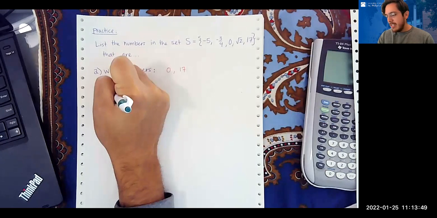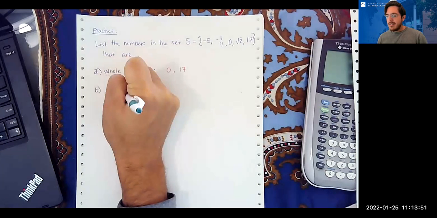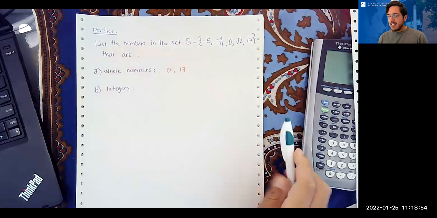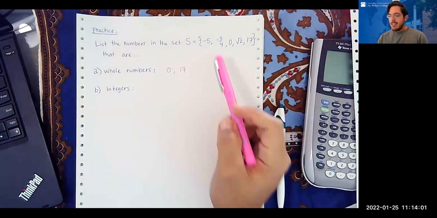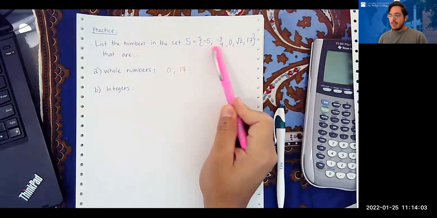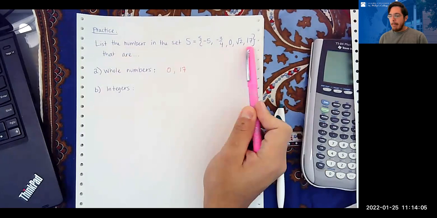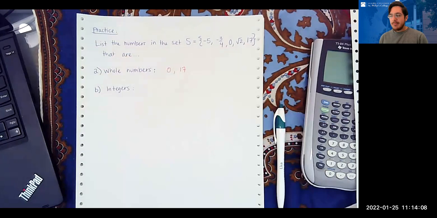Which ones are considered integers? So among this list, which of these values are integers?